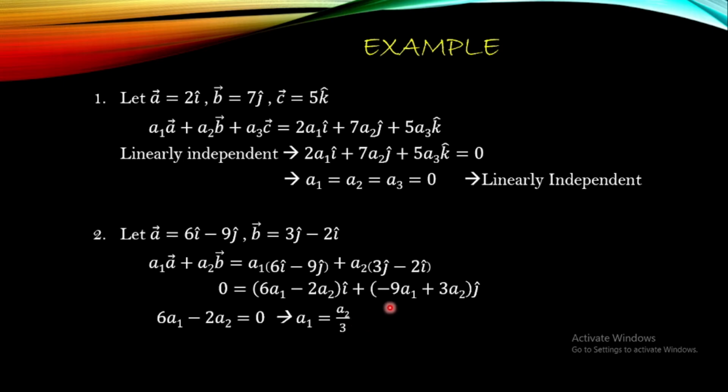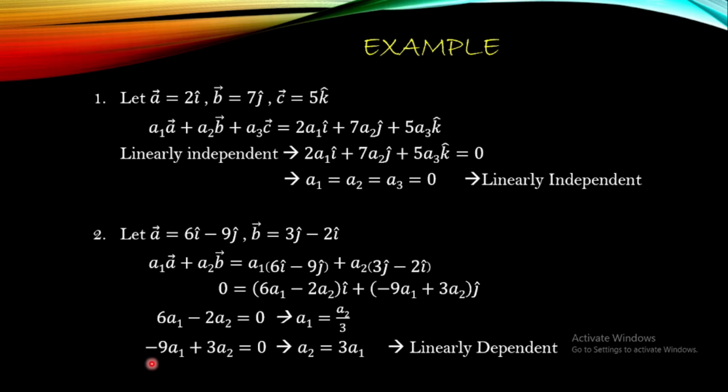And similarly, if we consider the second part, we can observe that minus 9a1 plus 3a2 is equal to 0. When we rearrange this, we get a2 is equal to 3a1, which is nothing but a1 is equal to a2 by 3 itself. So here clearly we can observe that one coefficient a1 can be expressed in terms of a2.